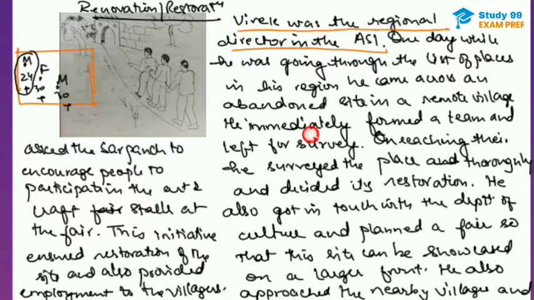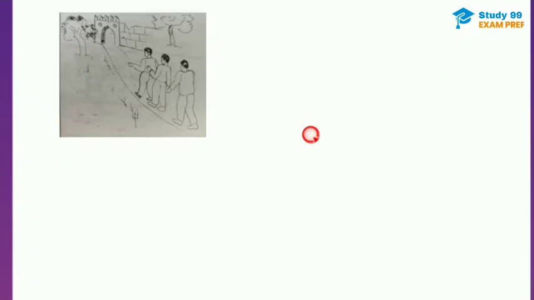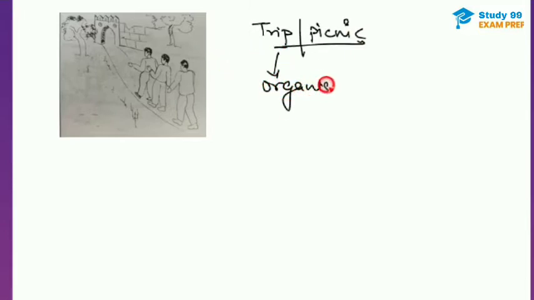Now, we can also write a different story wherein we take the central character as an ordinary individual. If you are writing a story about a trip or picnic, you can just write about organizing it. I'm just mentioning the points; you can frame the story on your own.